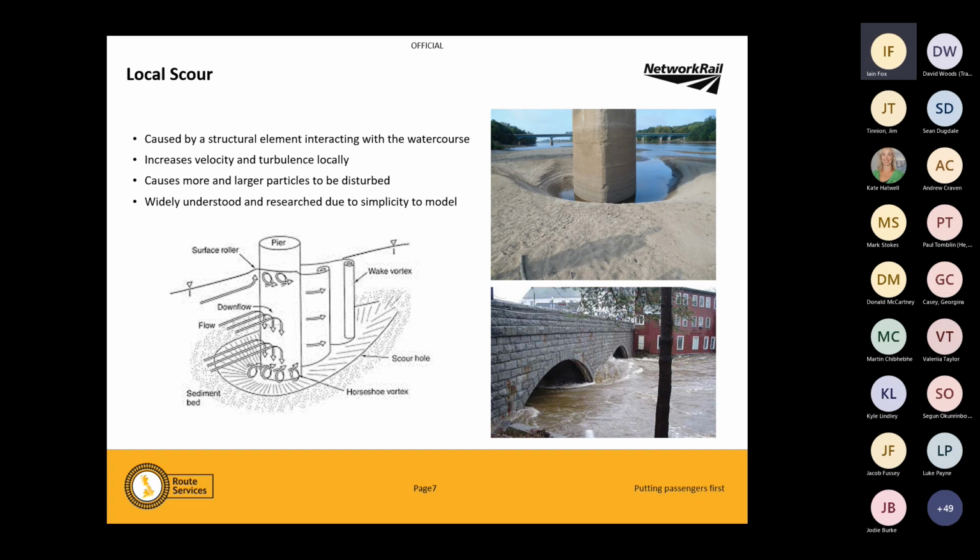So we just said it's caused by a structural element, which increases velocity and turbulence. This is the best drawing that I could come up with, really. I didn't draw this, I pinched this. The flow is coming from bottom left and hitting this pier. Now this pier is actually a good shape. It's round, so it should allow water to flow around it, and it does.